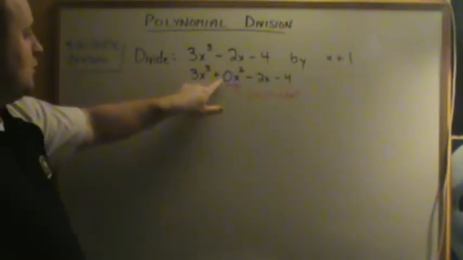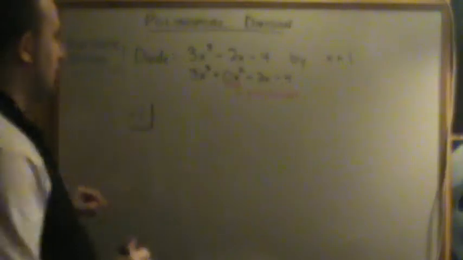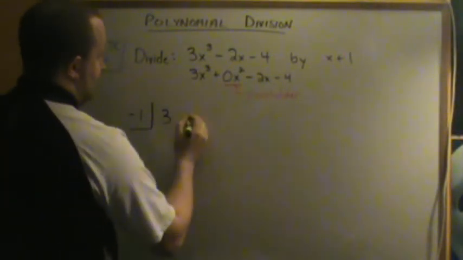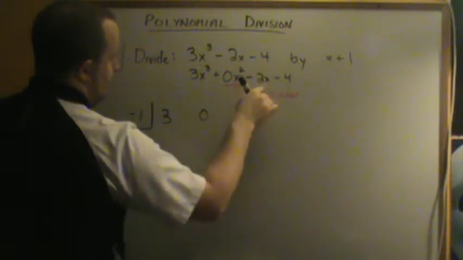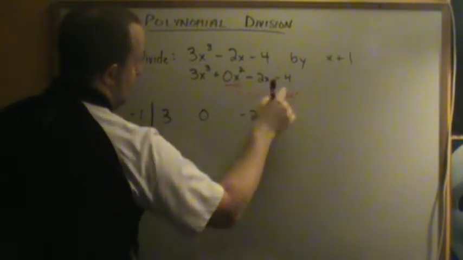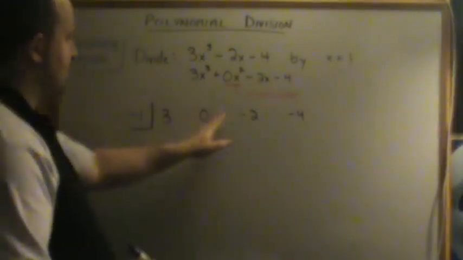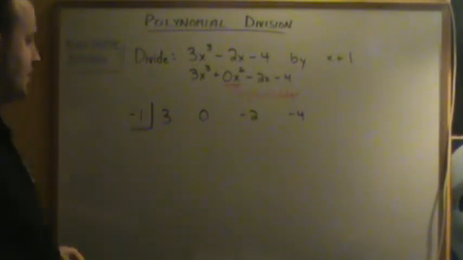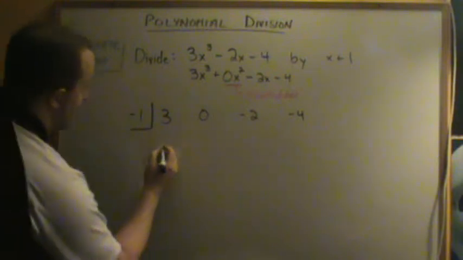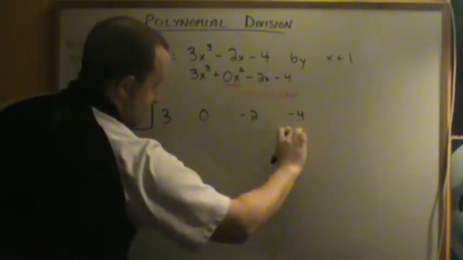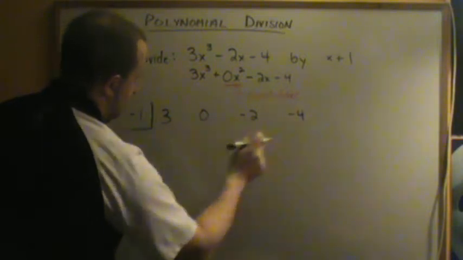And then we write the coefficients of every term here. The coefficient of x cubed is 3. Coefficient of x squared is 0. Coefficient of x is negative 2. And we have negative 4 as a constant. Leave some space between them, because we're going to be doing some calculations here. And then give yourself some room, because you're going to be writing some stuff underneath each of these terms here.